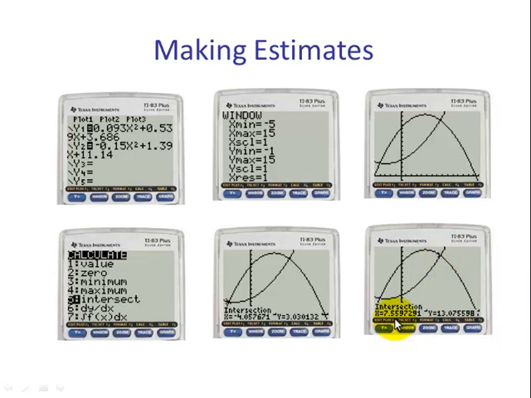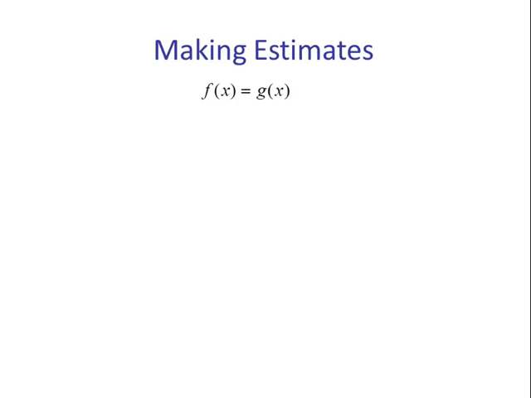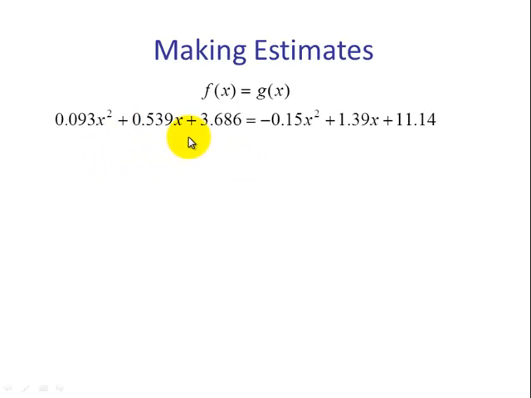To find these points of intersection algebraically, we use substitution. We set the two quadratic equations equal to each other. So we have f equals g. This is an equation with only one variable, x.